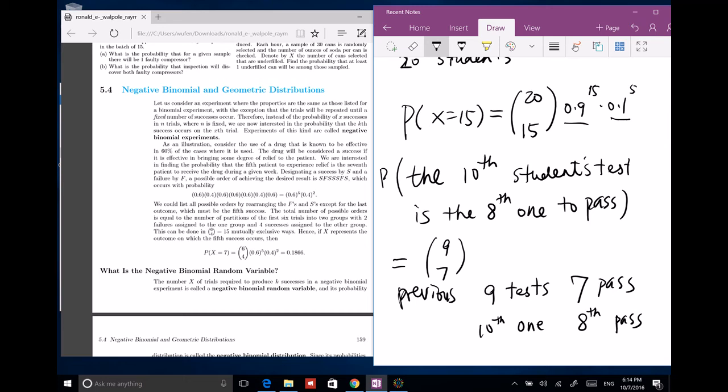The 7 that passed give 0.9 to the power 7, and the 2 that did not pass give 0.1 squared. Then the last one, the 10th, is the 8th one to pass, so it's 0.9 again. That's the negative binomial distribution. We will have several examples later in the homework.